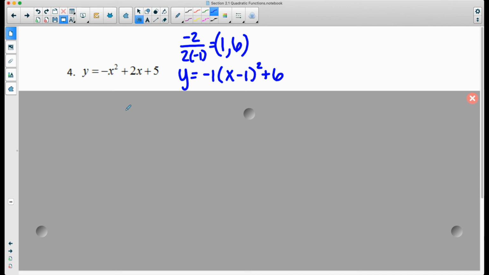That's one way. If you completed the square, you would have had to take out the -1 first. So then -2 divided by 2 gets me -1. -1 squared is 1. But notice, this is attached to a -1.